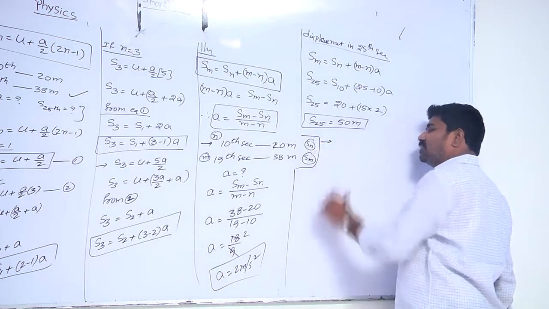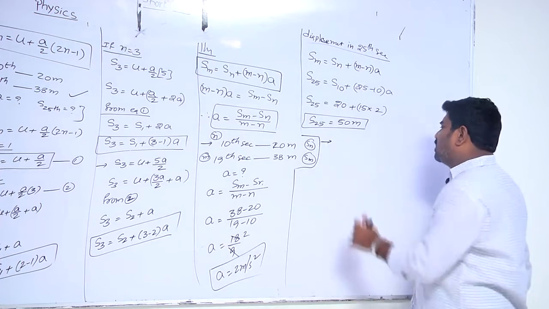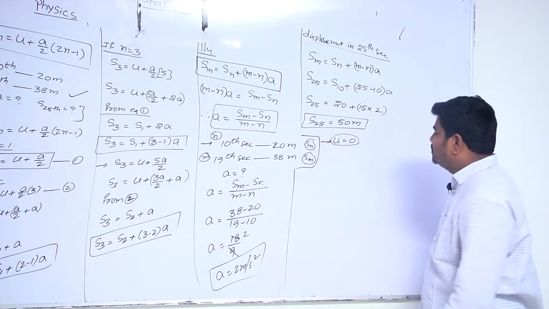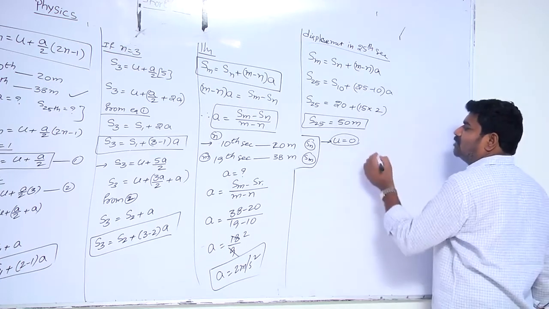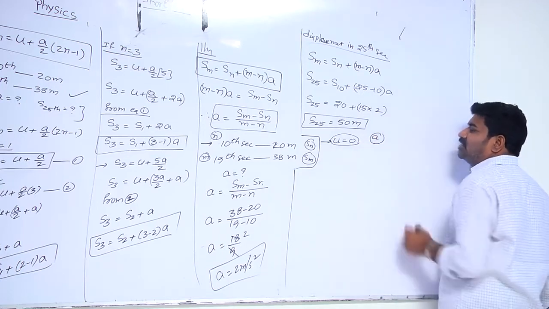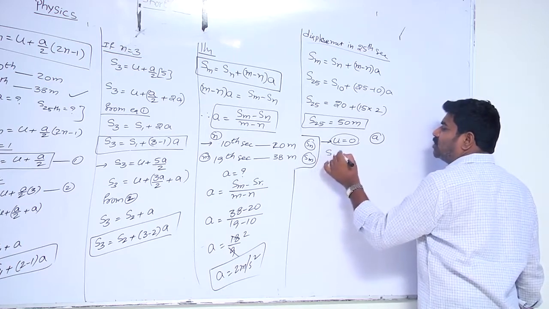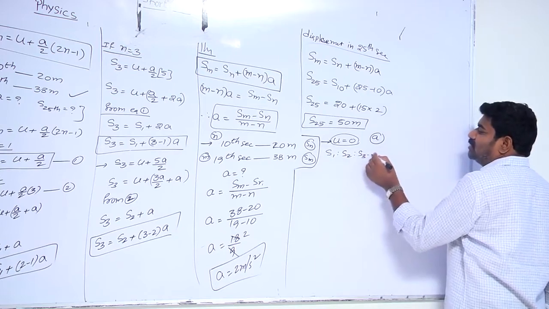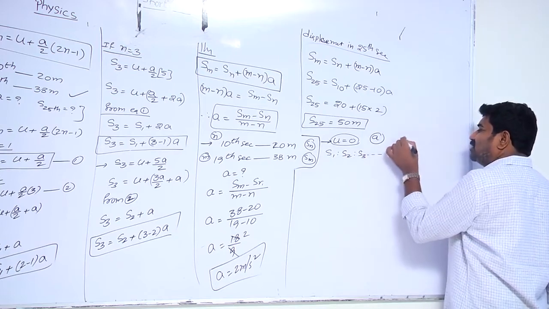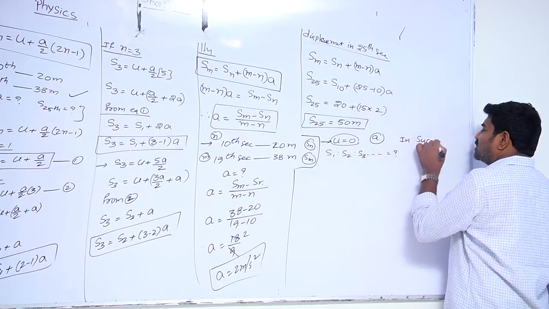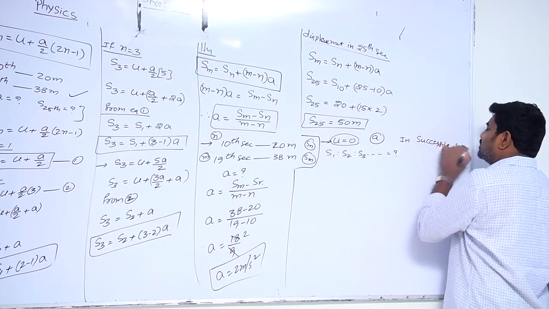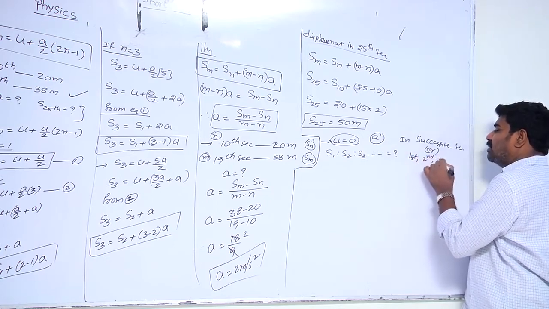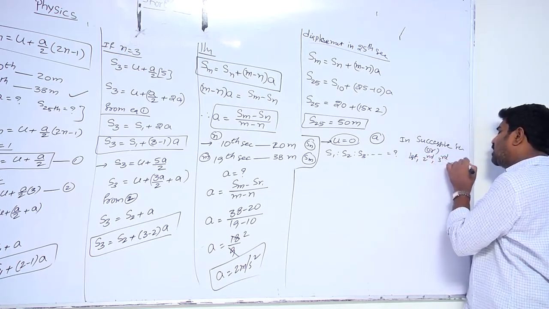Next, for example, if a body starts from rest, moving with uniform acceleration, then what is the ratio of the displacements in successive seconds, that is in the first second, second second, third second and so on, nth second?